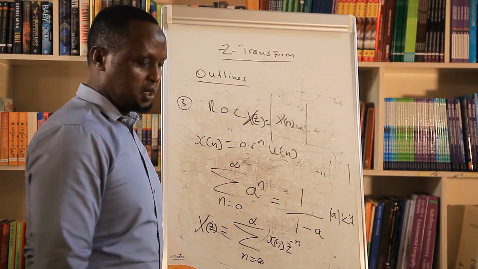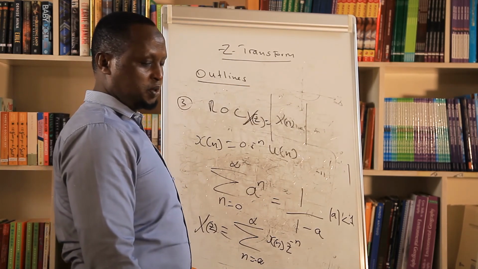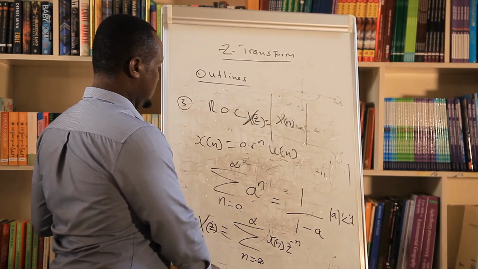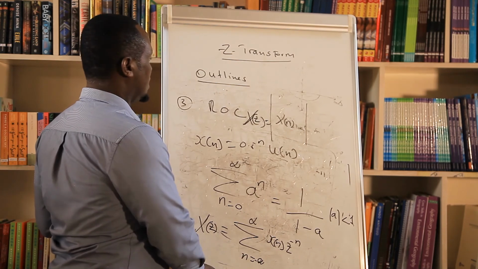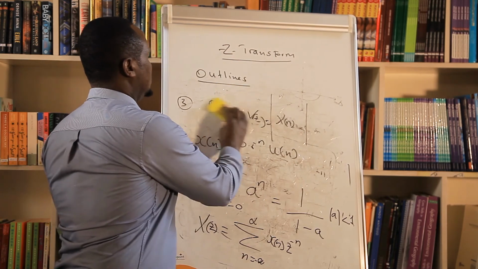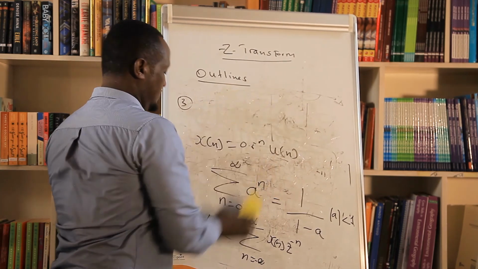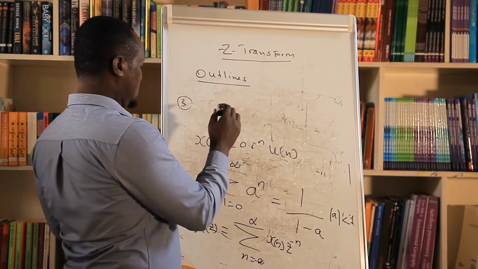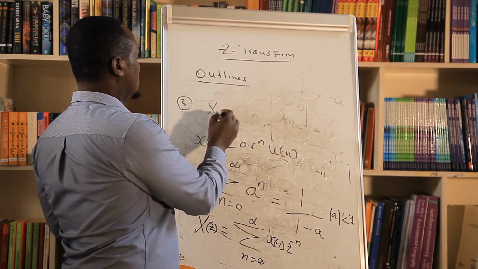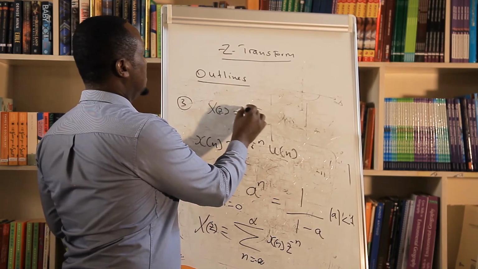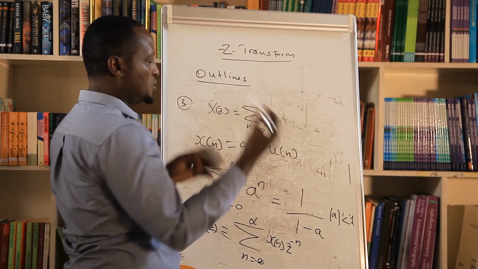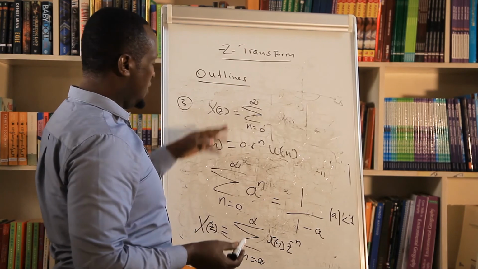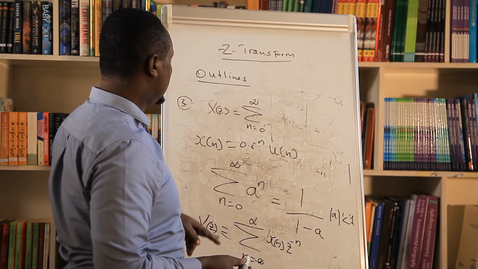And in this case, you can substitute some of the values because this is going to be single-sided. You substitute the values in here, then X of z is going to be the summation of n equals 0, because it's going to be one-sided, to infinity of our function, which is this.